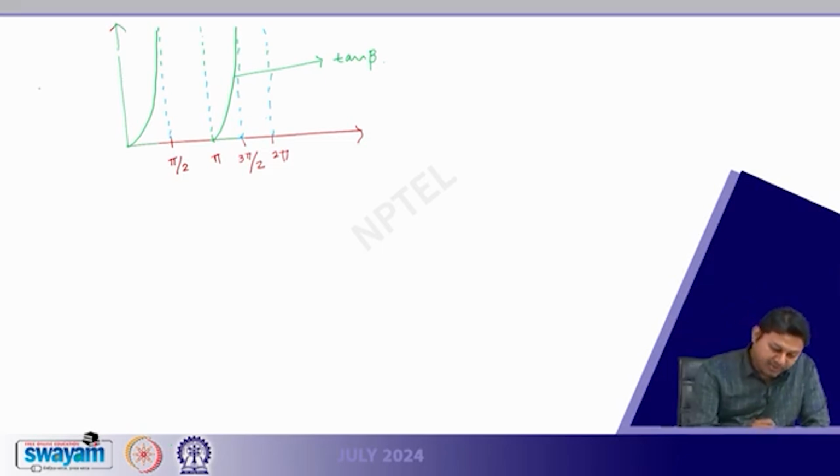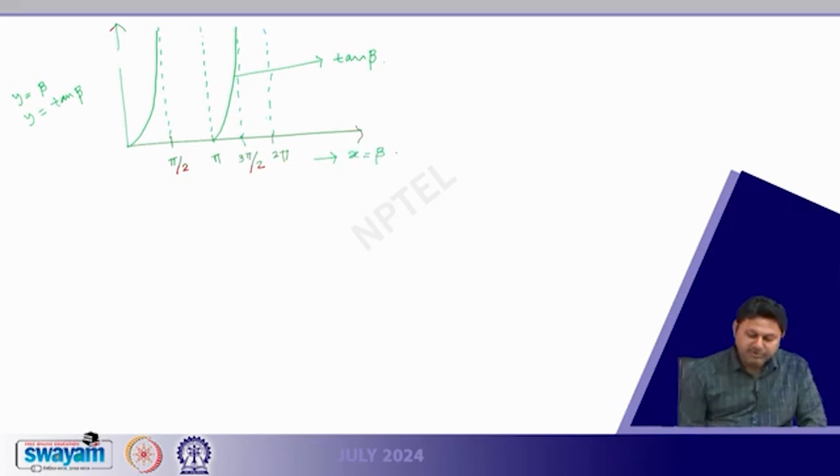So I draw here the y axis, y equal to beta and y equal to tan beta, both. And in this axis I draw x equal to beta. So beta is a function, so x, y I am plotting as a function of beta. So this is tan beta.